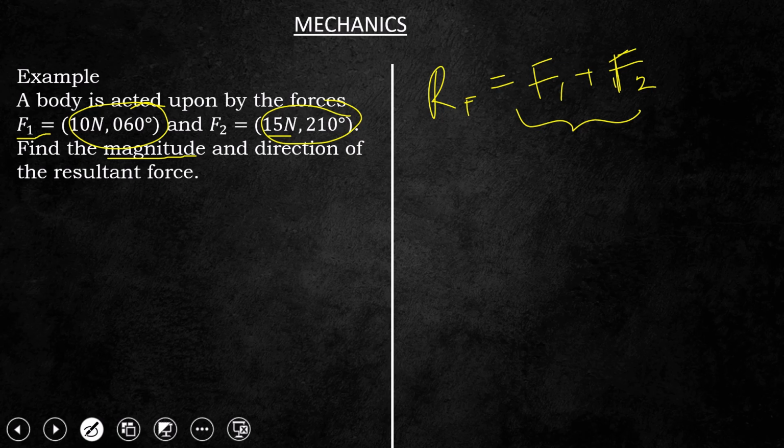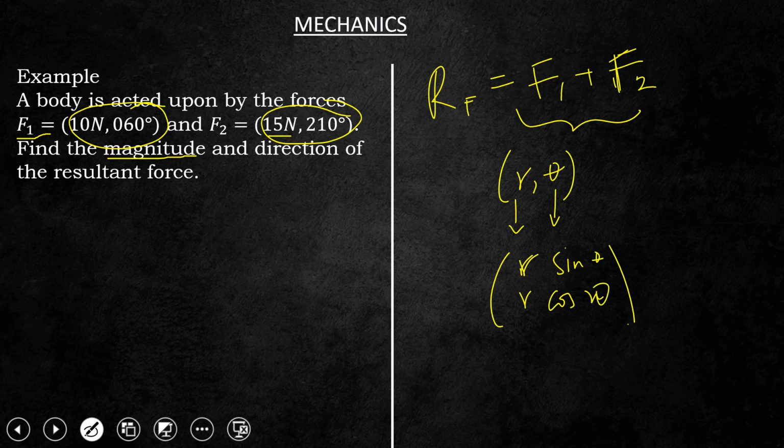So if a vector is given in the form r theta, where r is the magnitude and theta is the direction, and you want to change that to the column form, it is going to be r sine theta, then r cos theta.